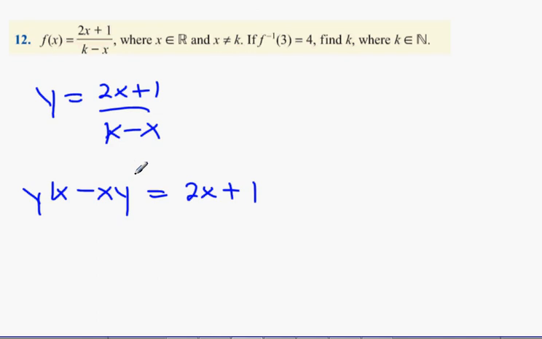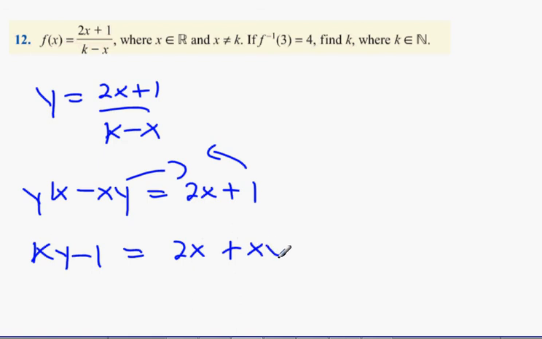Bring everything that has x onto one side. So I'm going to do ky minus 1 equals 2x plus xy. Then we're going to factorize out, spin this around so that the x's are on the right hand side.